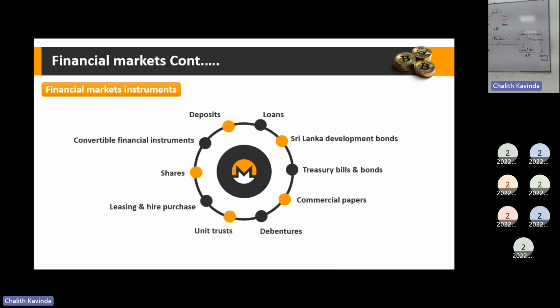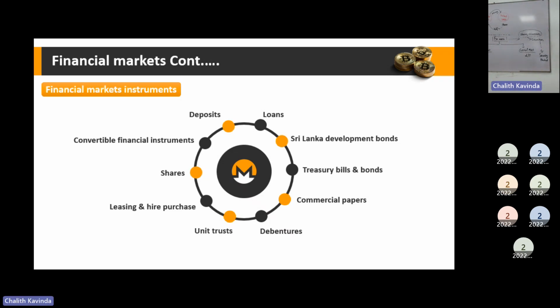What do you mean by Sri Lanka development bonds? What are treasury bonds? Treasury bonds are issued in LKR. If the government needs money in terms of rupees, they issue treasury bonds or T-bills.